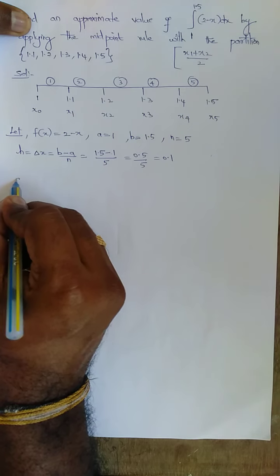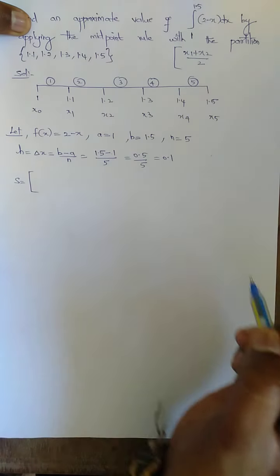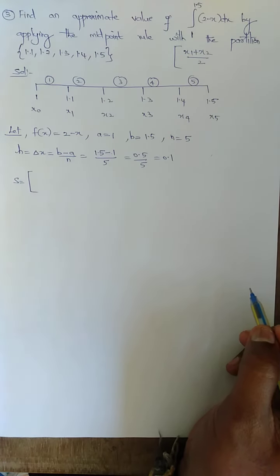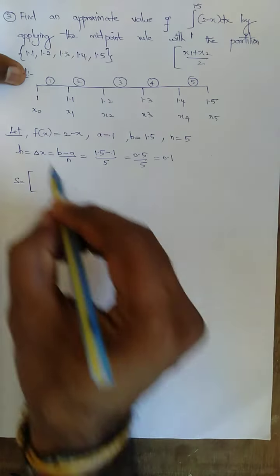Next, S is equal to, what is the formula we need to use? As a midpoint rule, what is the midpoint?